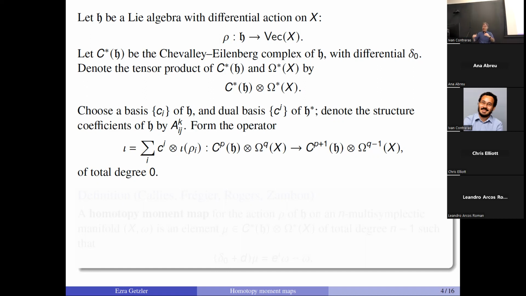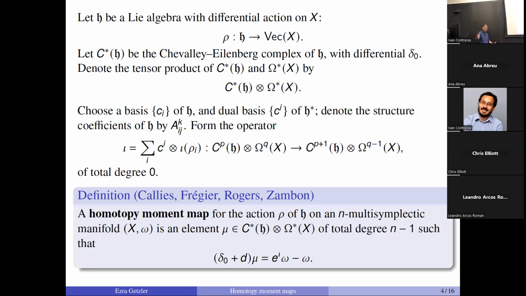That's a fundamental operator that was introduced, maybe it goes back to Hochschild or Chevalley and Eilenberg, but it takes the key role in the paper of Callias, Frégier, Rogers, and Zambon, in which they introduced the homotopy moment map. Here's the formula. I'm going to use delta sub 0 for the differential in the Chevalley-Eilenberg complex, because later we're going to have Chevalley-Eilenberg with an H module. Then we'll have the total differential for that whole action. That will be delta.